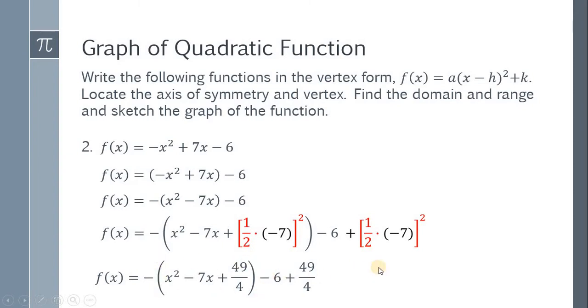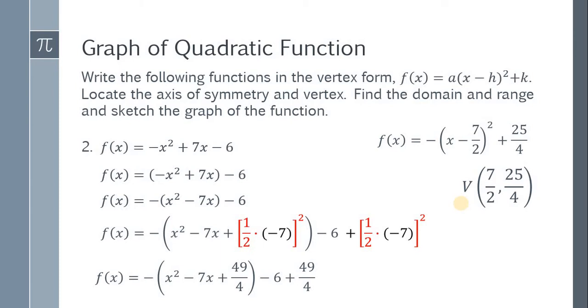So, pwede na natin itong i-factor as f of x equals to negative of x minus 7 over 2 quantity squared plus negative 6 plus 49 over 4 is simply 25 over 4. Therefore, yung ating vertex is at hk. Yung h natin dito is 7 over 2, while yung ating k is 25 over 4. And we're done.